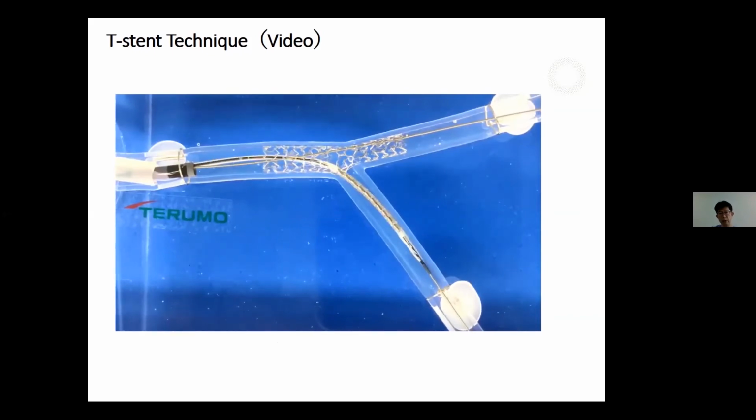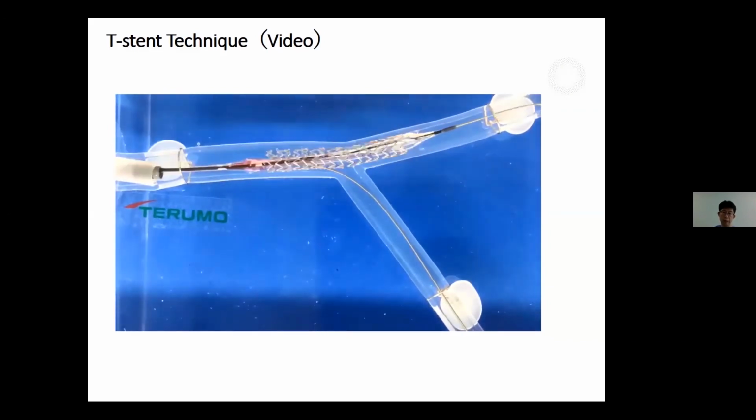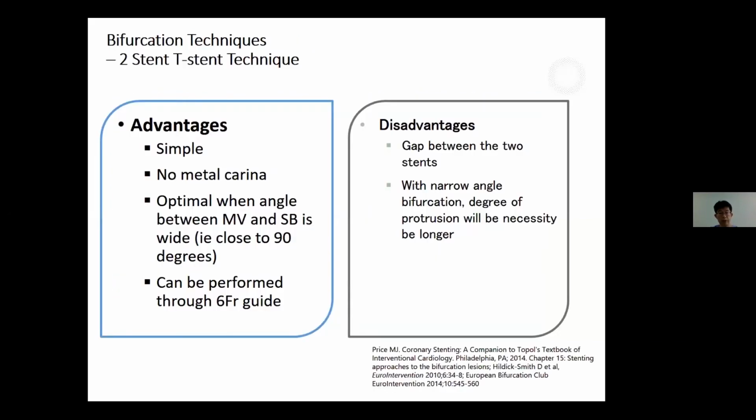But if major dissection occurs at the side branch, deliver a rescue stent for the side branch. So the advantage is that it is simple, and no metal carina is okay.